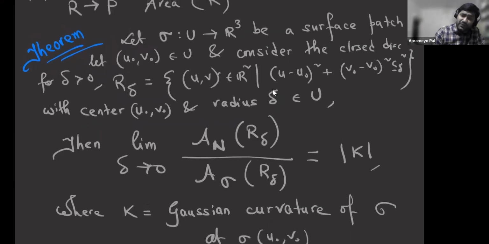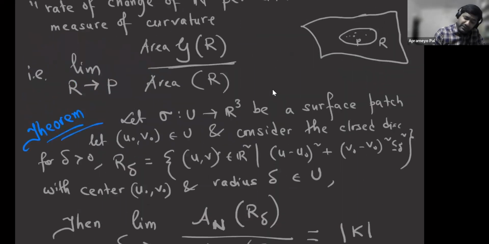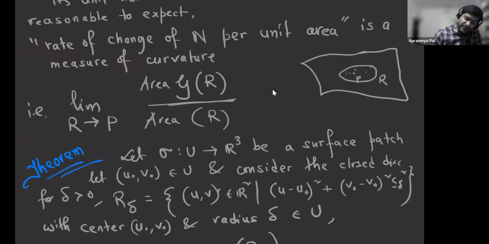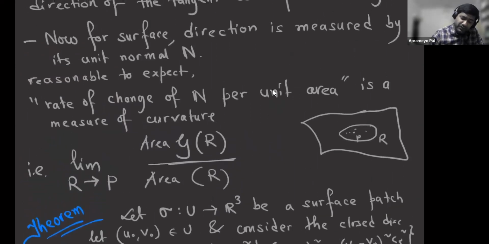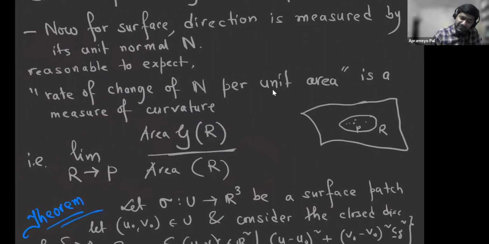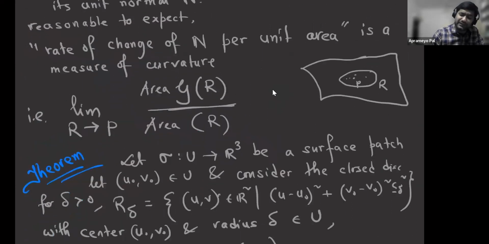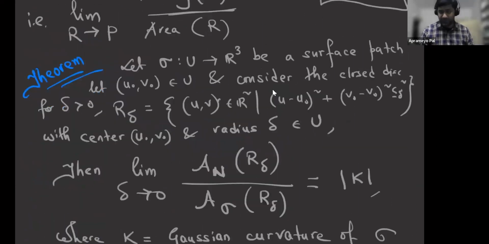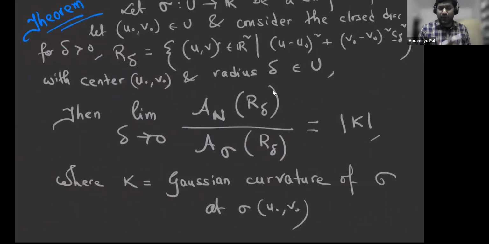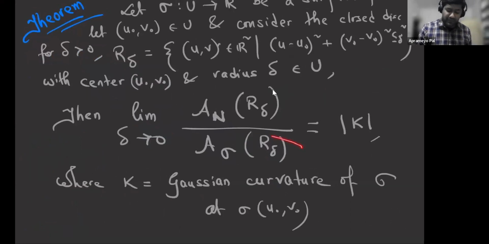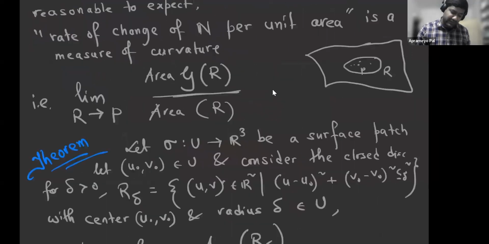Yeah. So my whole point is to tell you that it's not that difficult to expect. This is exactly the same thing that I have written here, just in a bit more mathematical terms. So it's like a ratio of the area. Why am I taking the ratio? Because I am trying to compute the per unit area.